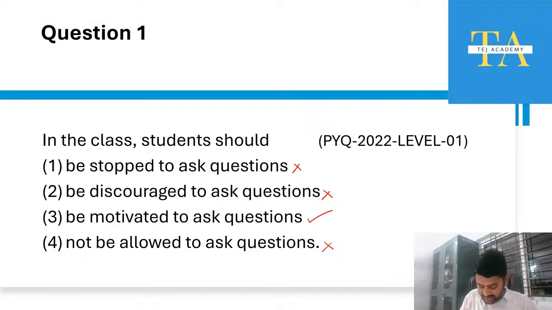If you see carefully, the first, second, and fourth options have almost similar meaning. Yes, you all are correct. Option 3 is correct. These are the questions which most students can guess. Only the third option is different, so we can easily guess the answer. This question was asked in 2022 level 1.